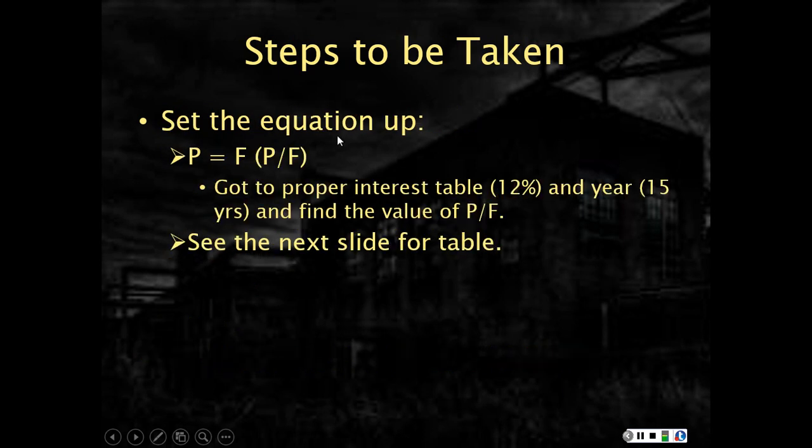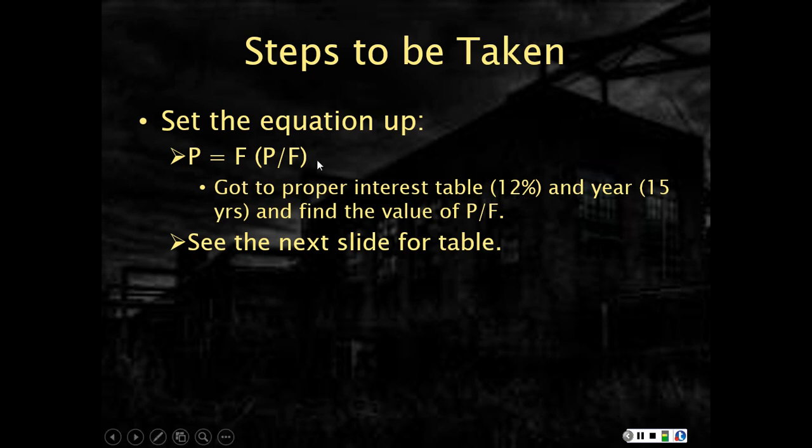So I can set the equation up. To solve for P, present value, I have to take F, my future value, and multiply by something called P over F. And if you look at that, the F cancels out, and I'm left with P. This P over F value is actually a looked up value from something called time value of money tables, which we're going to look at in a second.